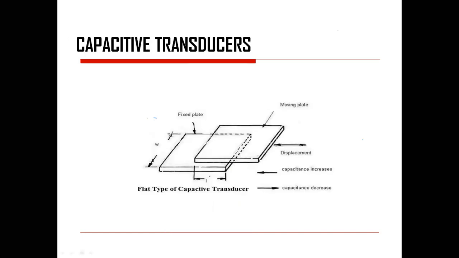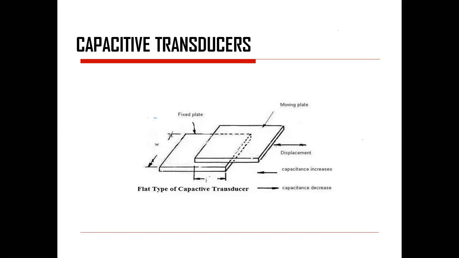Now, the capacitive type of transducer. Actually, capacitance is a function of area, distance, and permittivity. If we try to measure the capacitance of anything, you are going to get an output in variation with reference to the variation in the plate.